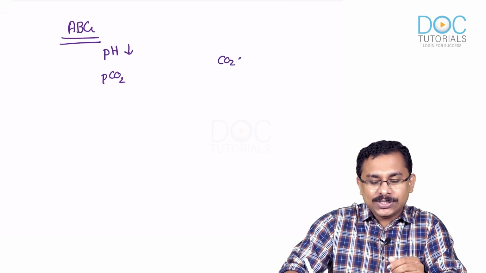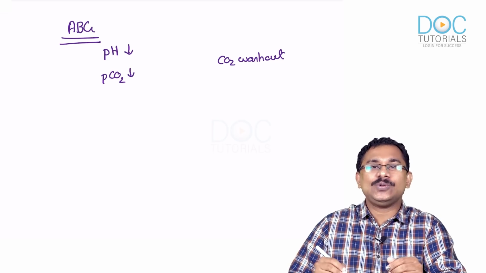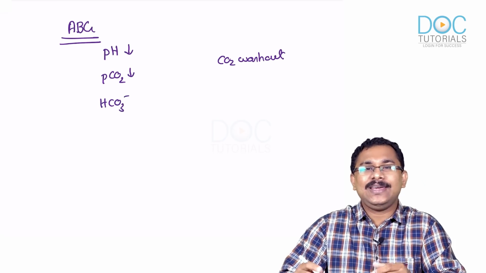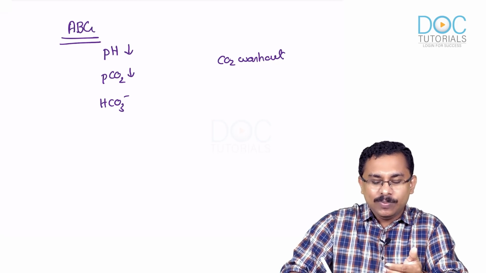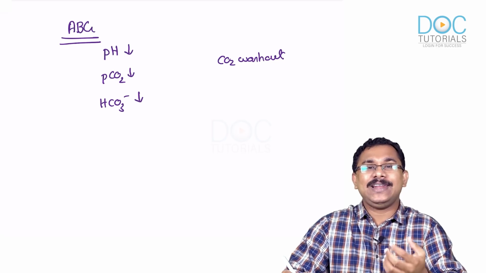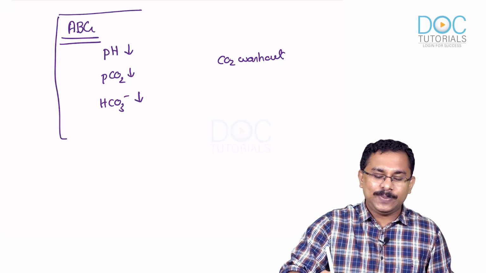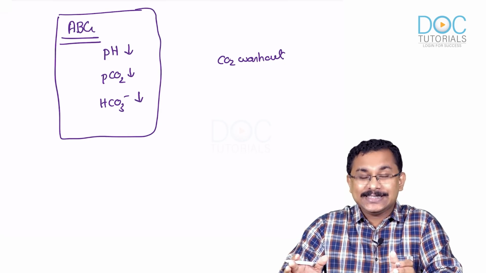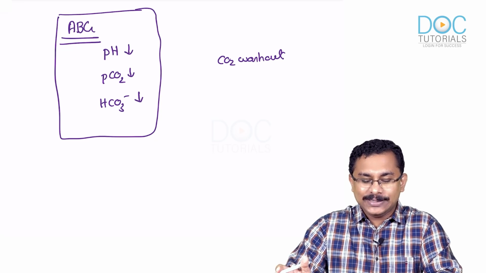The CO2 washout will be there, because of which the PCO2 also will be reduced. The bicarbonate levels, again, the ketone bodies are producing acidosis. So all these bicarbonates will be consumed, and the bicarbonate levels also will be reduced. So this is the picture that you would expect in the ABG of a patient with a clinically suspected diabetic ketoacidosis. All right, that's about the ABG.